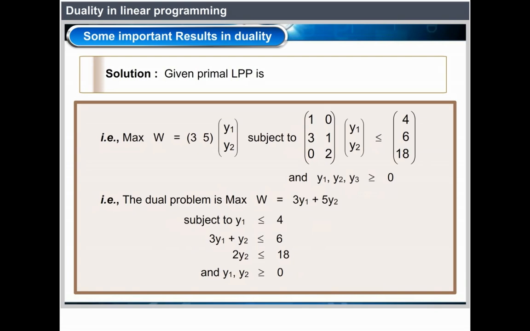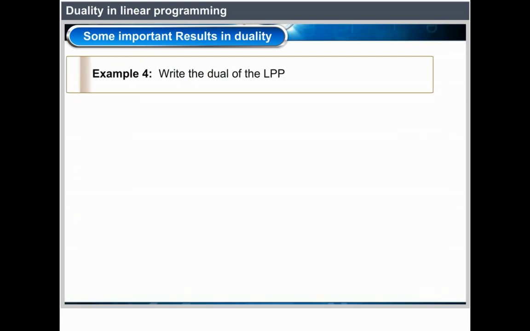That is, the dual problem is maximize w equal to 3y1 plus 5y2 subject to y1 less than or equal to 4, 3y1 plus y2 less than or equal to 6, 2y2 less than or equal to 18 and y1, y2 greater than or equal to 0.